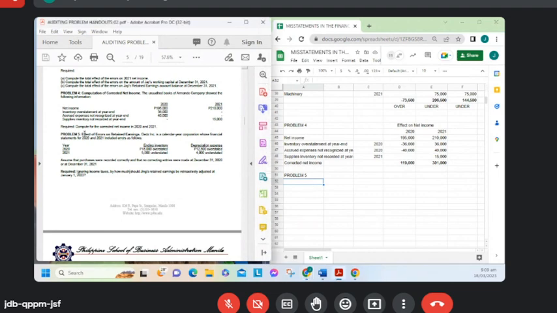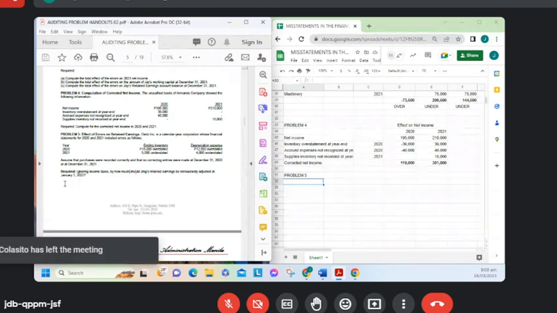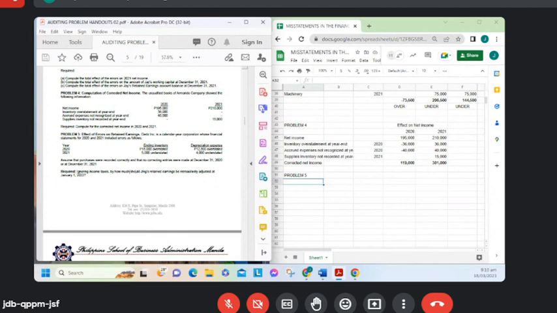We are asked to compute for the effect of errors on retained earnings to be retroactively adjusted. So when you say retroactively adjusted, we are going to effect that in the prior year period, no? Prior period.